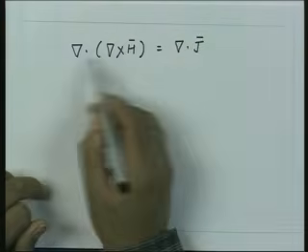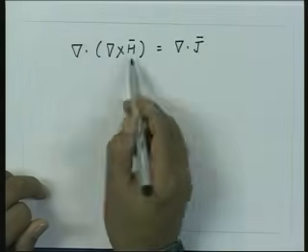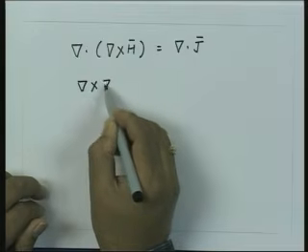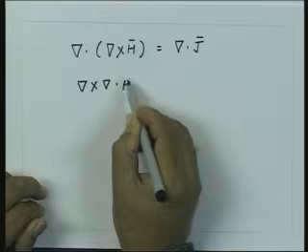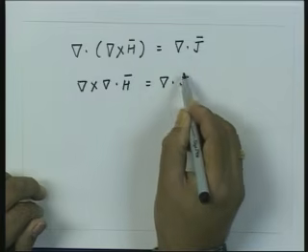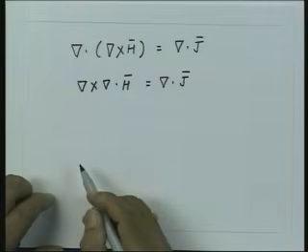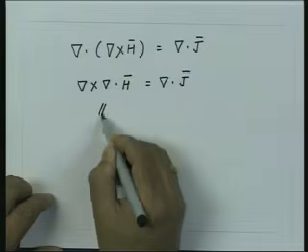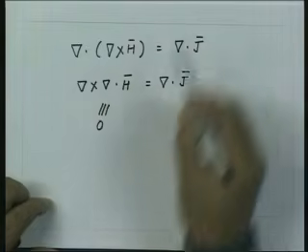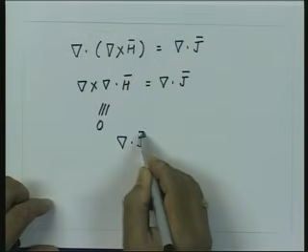We know in the vector product we can interchange the sign dot and cross. So, this thing can be also written as del cross del dot H equal to del dot J. Now, this quantity is identically 0. What that means is, from the Ampere's circuit law, the divergence of J is identically 0.